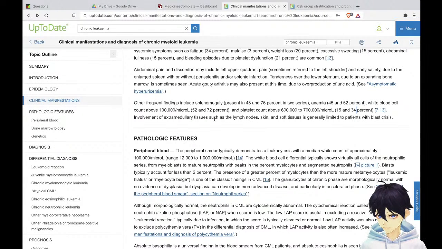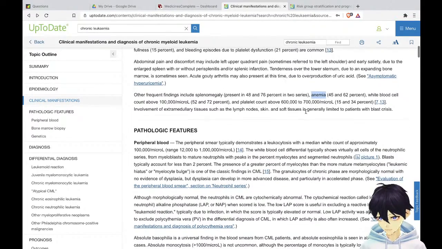Involvement of extramedullary tissues such as lymph nodes, skin, and soft tissues is generally limited to patients with blast crisis. So usually white blood cells and platelets are raised and anemia is present.